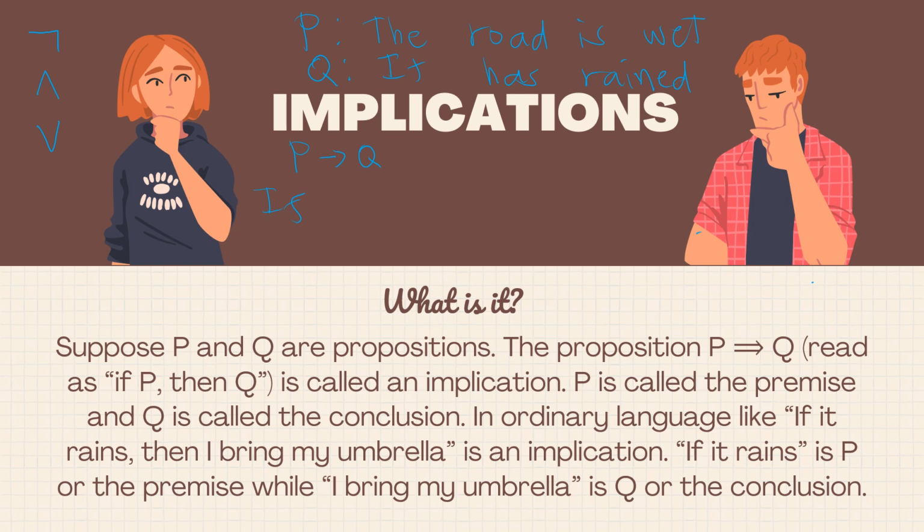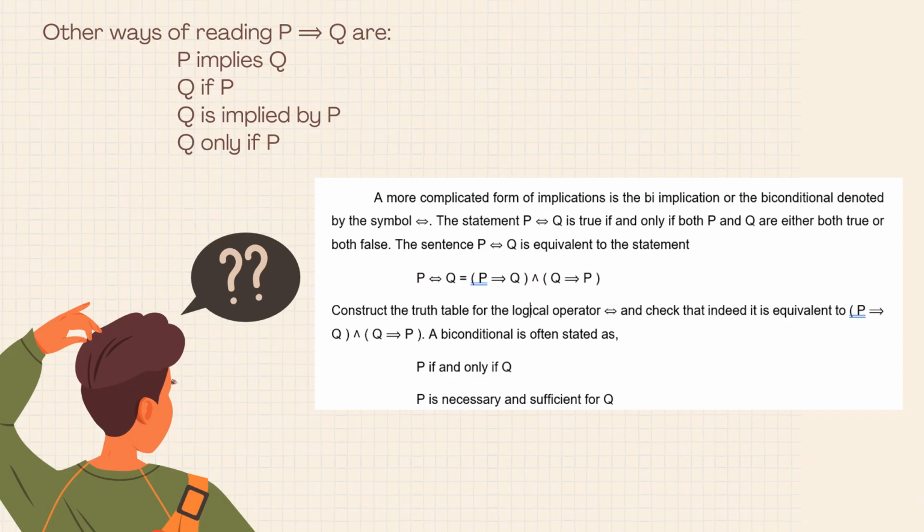If, then what's P? The road is wet. So if the road is wet, then proposition Q, it has rained.